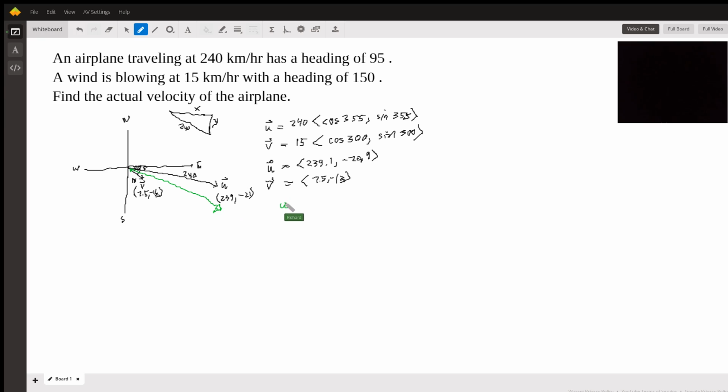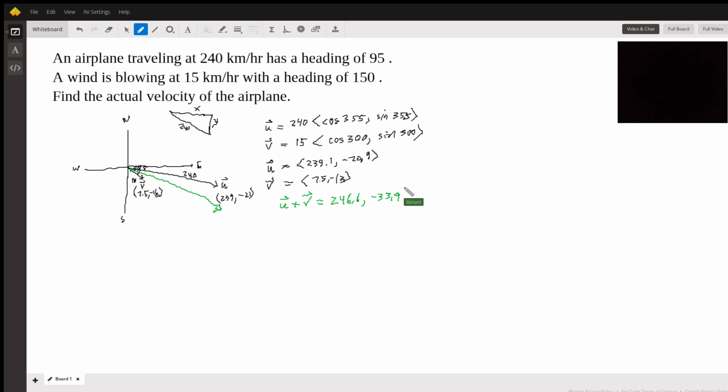So we're going to go U plus V, and you just go on your calculator and add these two x values together, and you get 246.6, comma, negative 33.9.